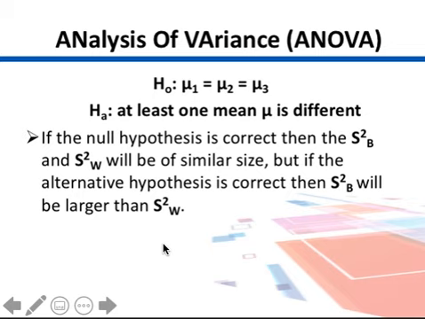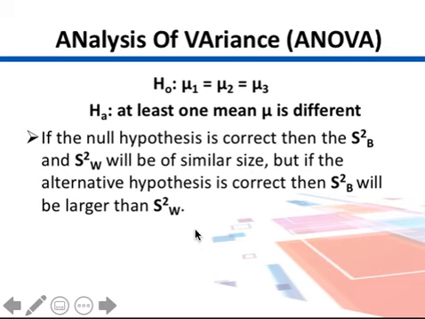If the null hypothesis is correct, then the between variance and within variance will be of similar size. But if the alternative hypothesis is correct, then the between variance S squared B will be larger than S squared W. S squared B measures the treatment effect, the variation between the means of various treatments.